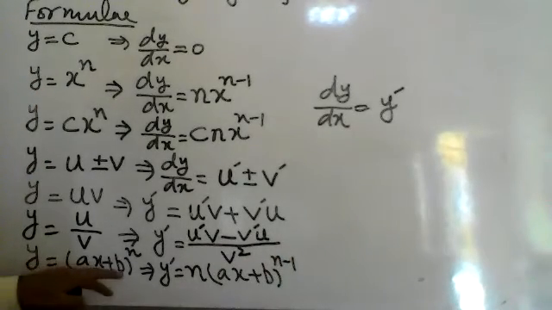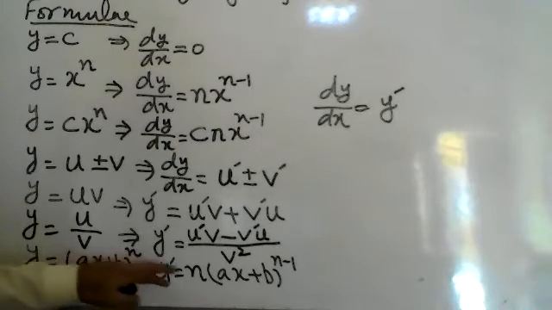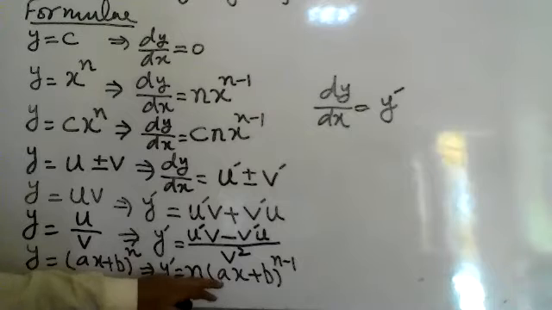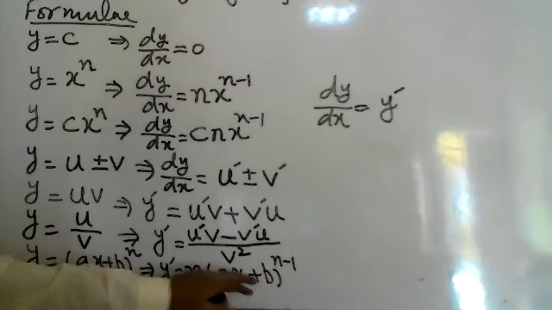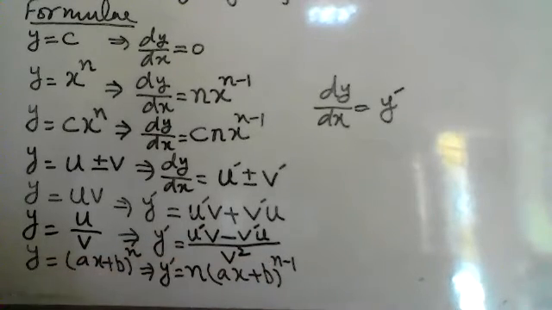If we have ax plus b whole power, then the power n will be multiplied with the function ax plus b, and the power will be 1 less than the given power. If it is n, it will be n minus 1. If it is 5, it will be 4. If it is 6, it will be 5.